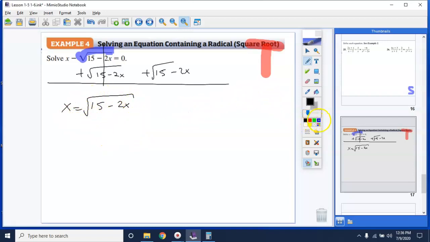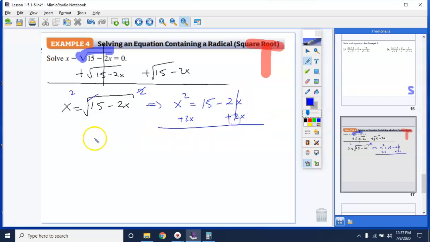So I'm going to square both sides, everyone. What do we get here? x squared equals 15 minus 2x, since the square and square root cancel each other. This equation seems familiar. This is a quadratic equation, and we know how to solve this. It should be equal to 0, so let's add 2x to both sides.